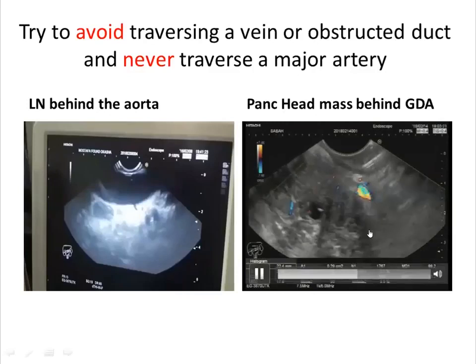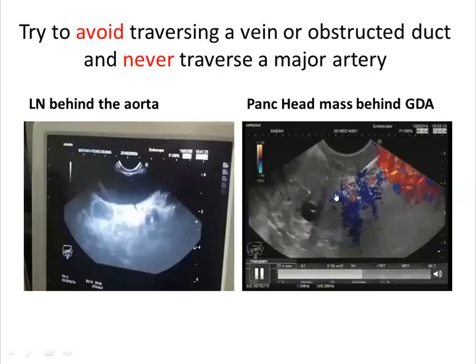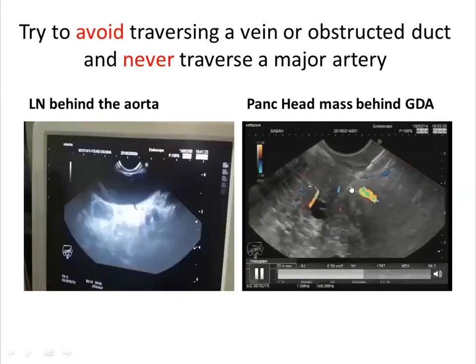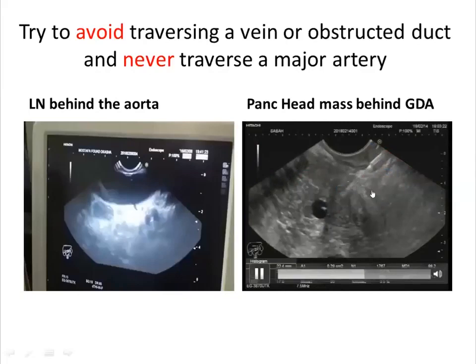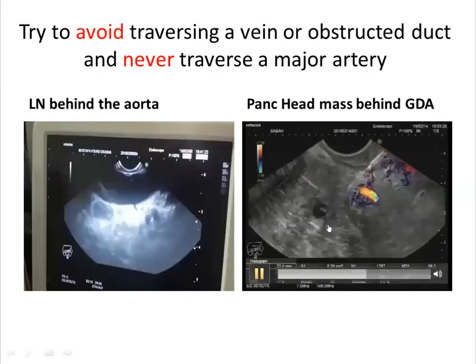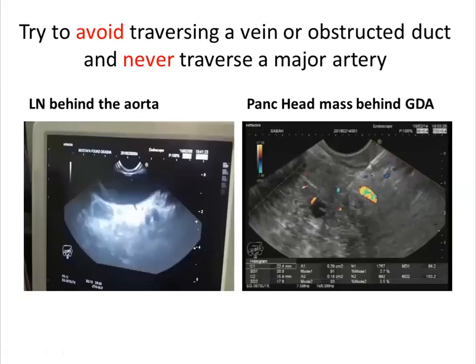Take your time. Don't be in a hurry. But the most important is to be safe. Here, this is the needle. Now I pass behind the artery. You see, this is the gastroduodenal artery, and this is the path of the needle. You will find some window to avoid traversing the gastroduodenal artery.